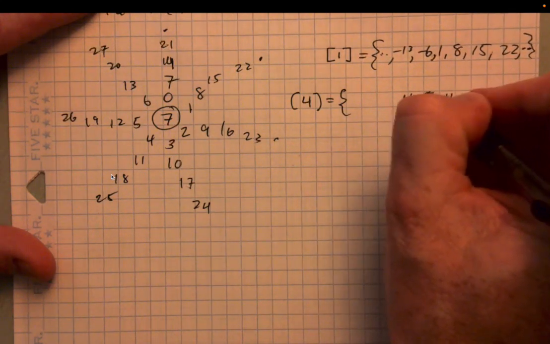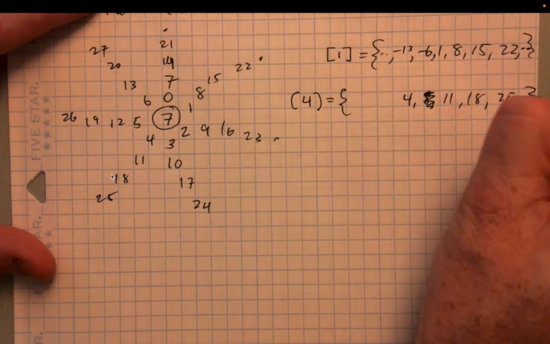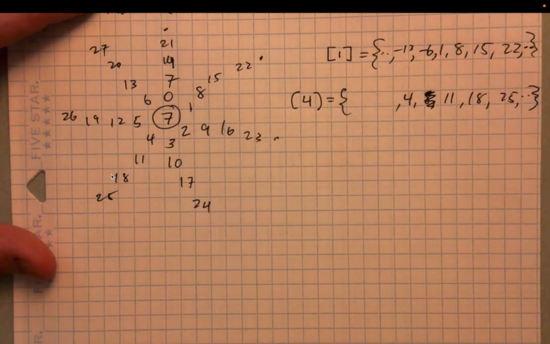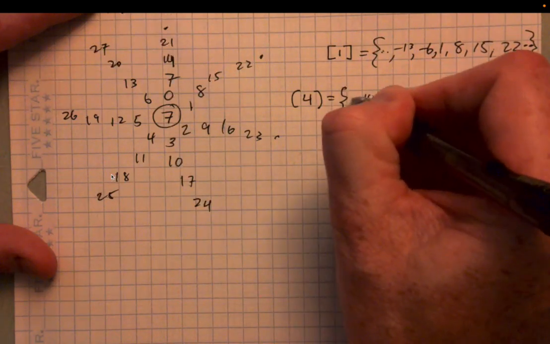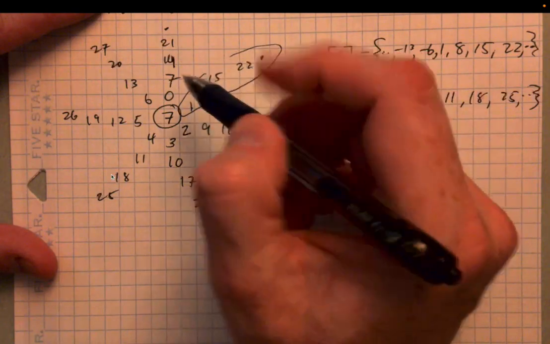4, 11, 18, 25, and so on. And then the negative values would be there as well, like -3, -10, etc. Right? And so these are the equivalence classes.